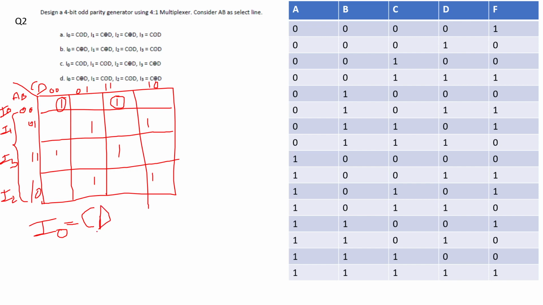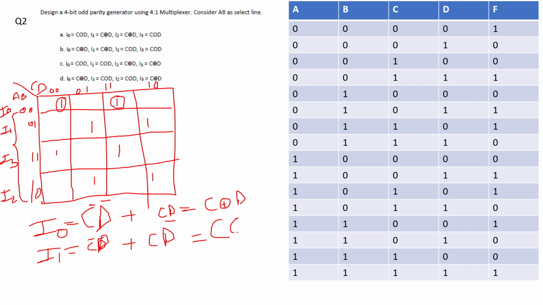we have the case C bar D bar plus C D. So I0 will be C XOR D. When AB is 0, 0, I0 will be routed and I0 is equal to C XOR D. When AB is 0, 1, I1 will be C D bar plus C bar D, right?